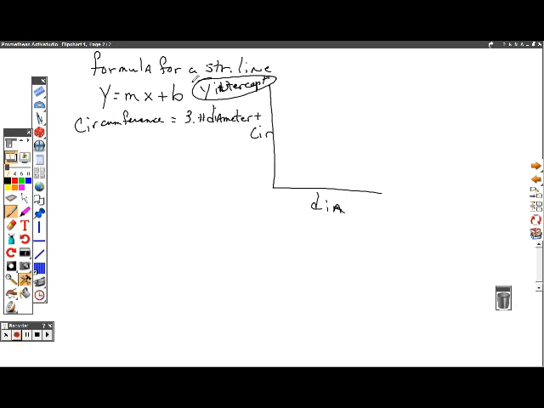What does that mean? It's where the line crosses the y-axis. In our graph, our line crossed the y-axis at 0. So plus b is 0, so we don't write it down.